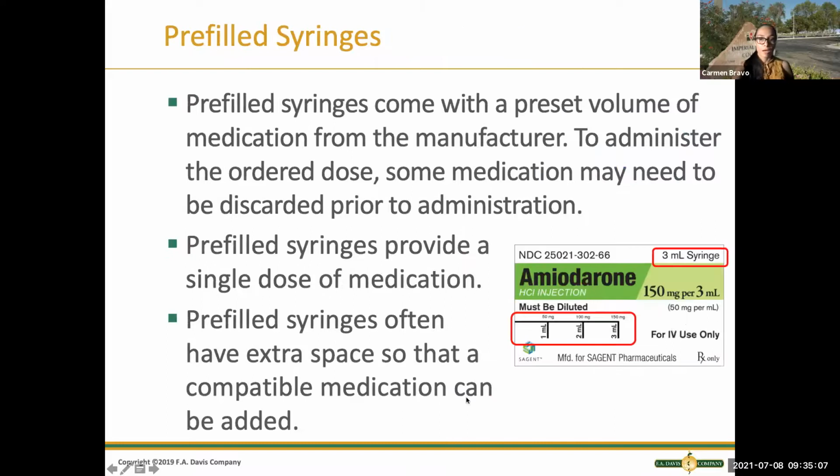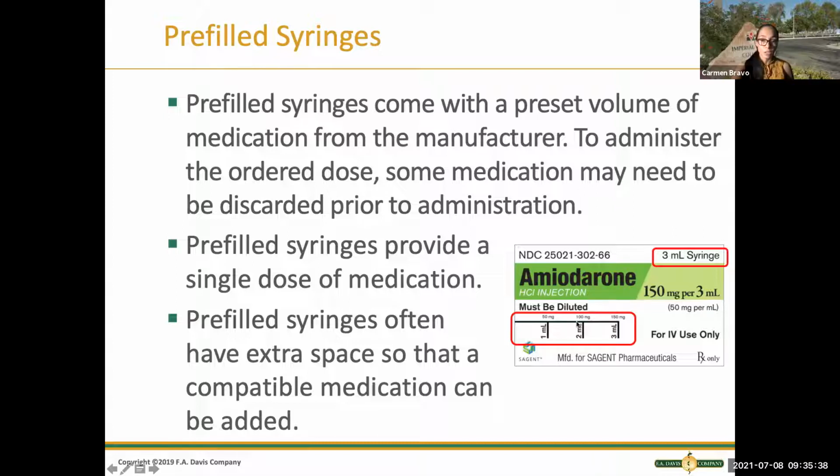And then talking a little bit more about the pre-filled syringes, like I said, when they make these preset volumes, it's very convenient depending on the medication. I know doctors try to order standardized dosages for patients, so there is less medication that needs to be discarded, but sometimes it does need to be discarded.